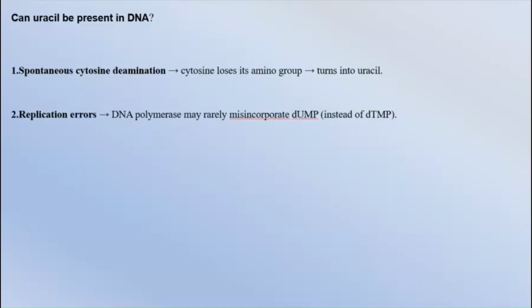So, can uracil be present in the DNA? In fact, it can. There are two ways it can occur. First of all, spontaneous cytosine deamination. Again, cytosine loses its amino group and then becomes uracil. Number two is replication errors. One of the enzymes involved in DNA replication is the DNA polymerase.